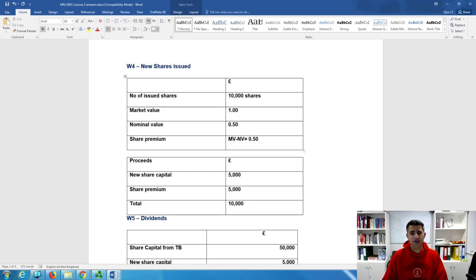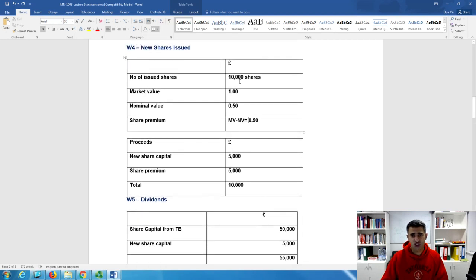So what you need to do right now is multiply the number of shares by the market value, nominal value, and premium value. If you multiply by £1, which is the market value, the market capitalization is £10,000. The market capitalization is divided into the new share capital and the new share premium. The new share capital will be £5,000.